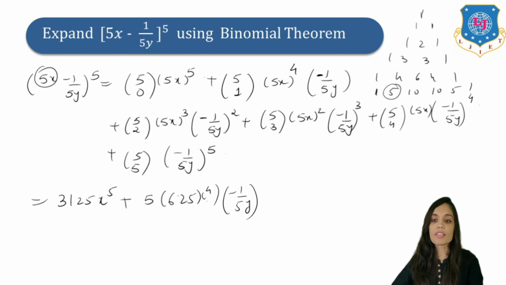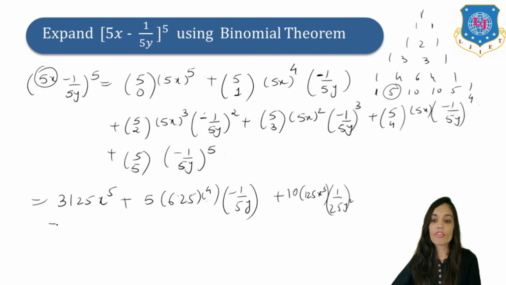Plus now this 5C2 will be 10, so plus 10 times 5^3, which is 125 x^3, and this will be 1 upon 25y^2 because minus 1 squared.